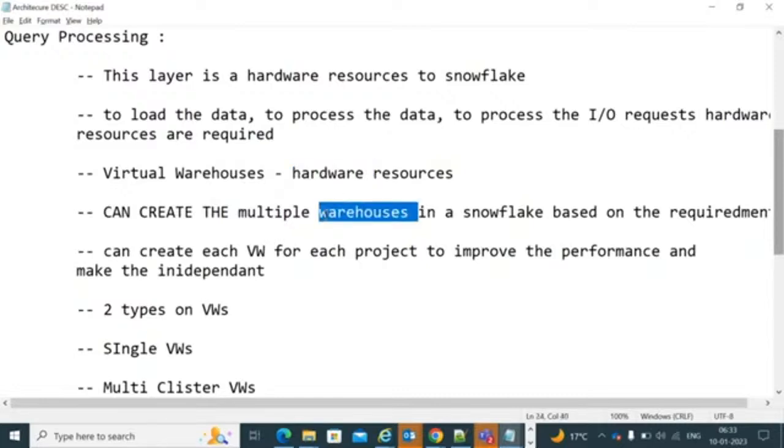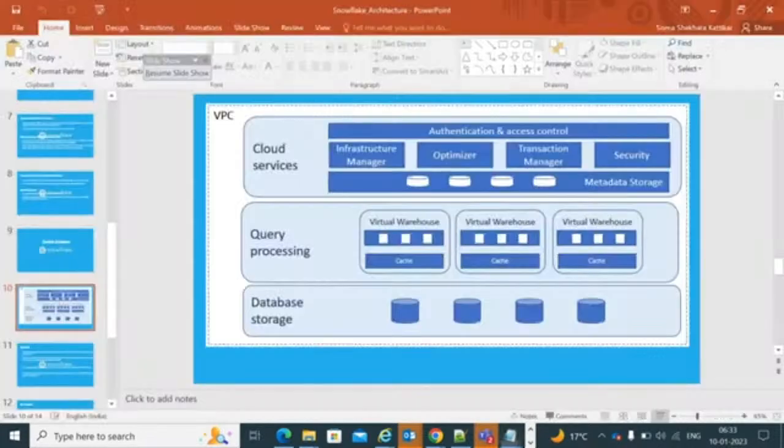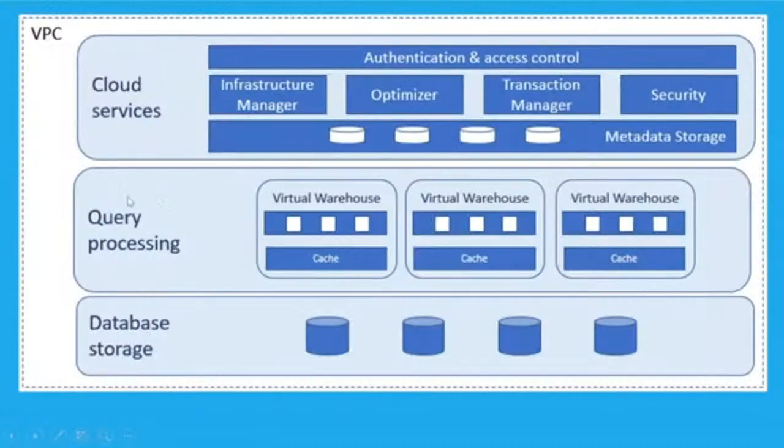Till here you are clear? I will tell you. This query processing layer is a virtual warehouse, which is a compute layer, and these are hardware resources for your Snowflake. They are required to process all your requests in Snowflake.